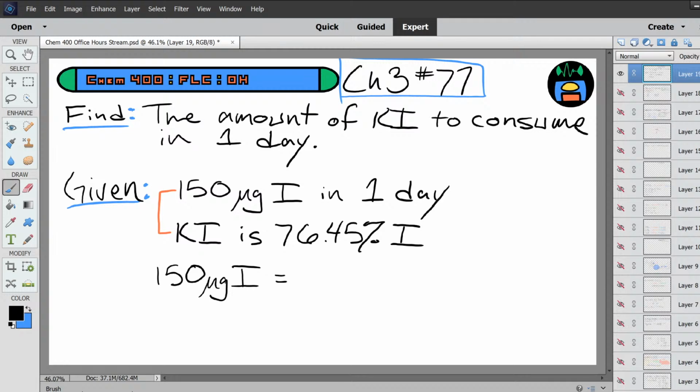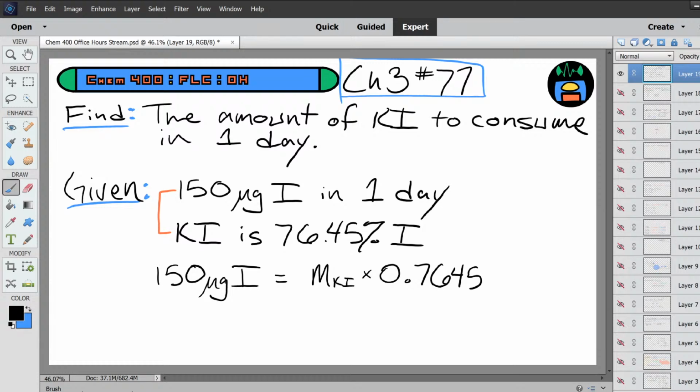And if we're only getting our iodine from potassium iodide, that means that whatever total mass of KI we're consuming, only 0.7645, right? 76.45% of that is iodine.